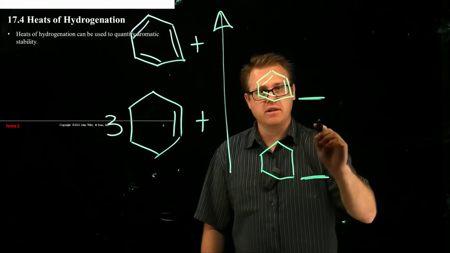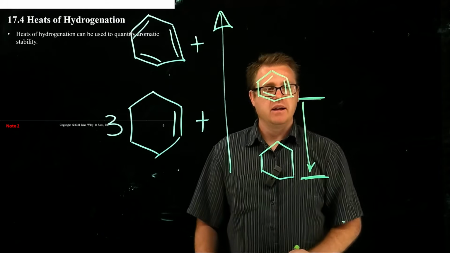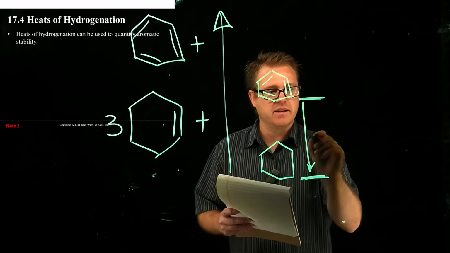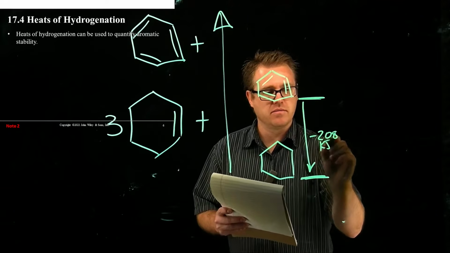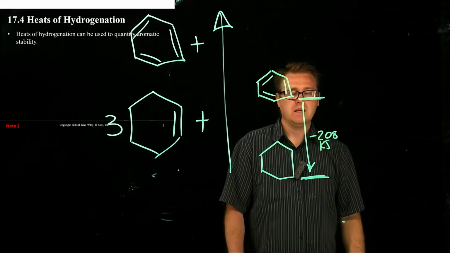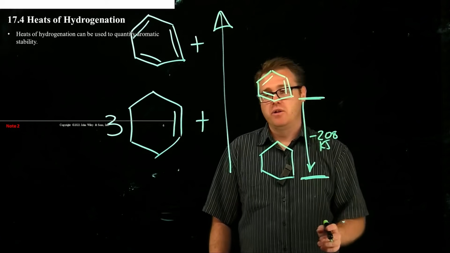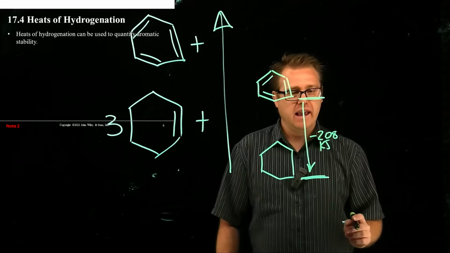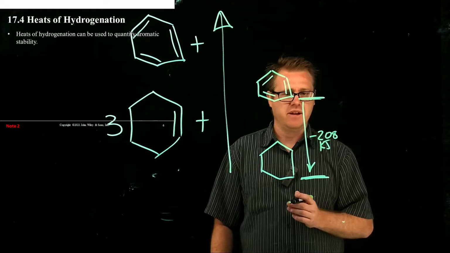And we just learned that when we take this reaction and we do it, the heat of reaction is negative 208 kilojoules, right? But let's compare when you do the cyclohexene. It gives off 360 kilojoules of energy.